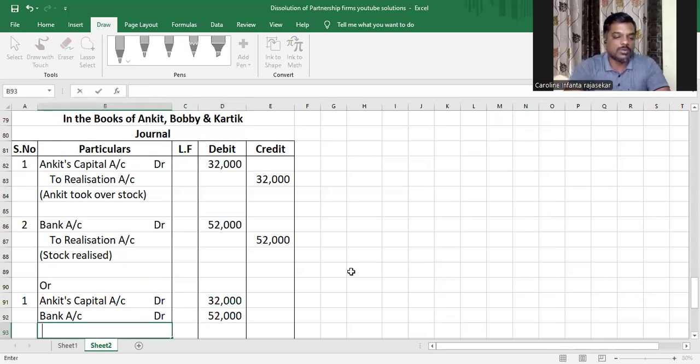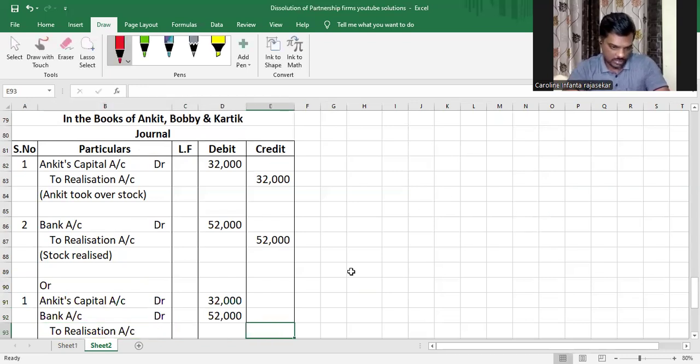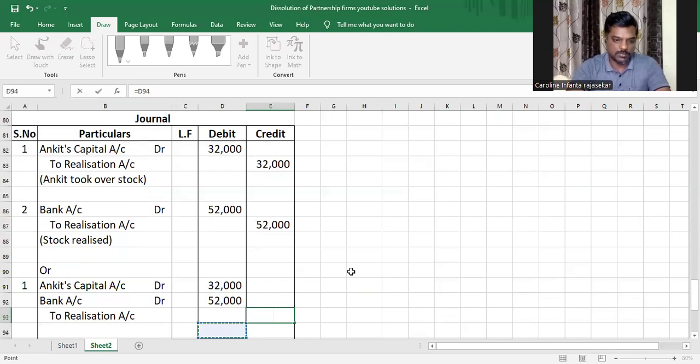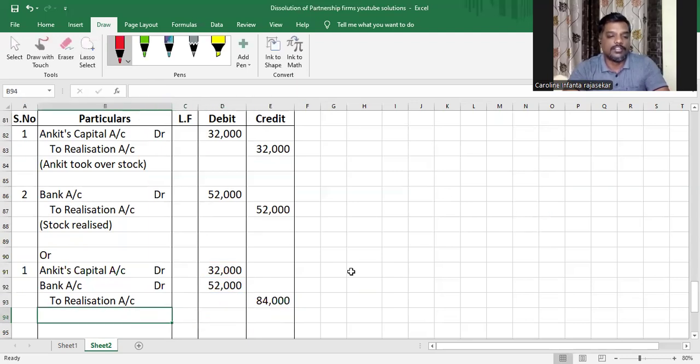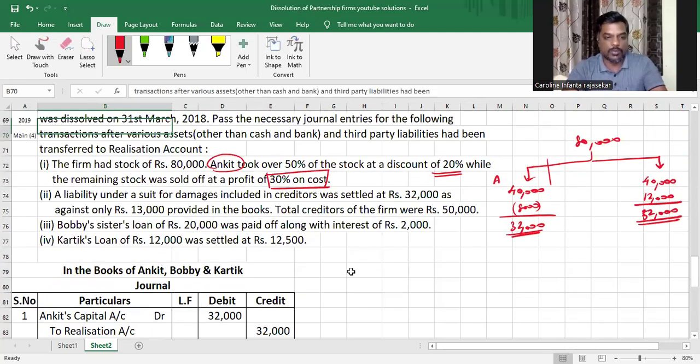To realization account, which is 52,000 plus 32,000, 84,000, stock realized. So you can either pass the first two entries or you can pass one single entry like I have shown here. It's your choice.